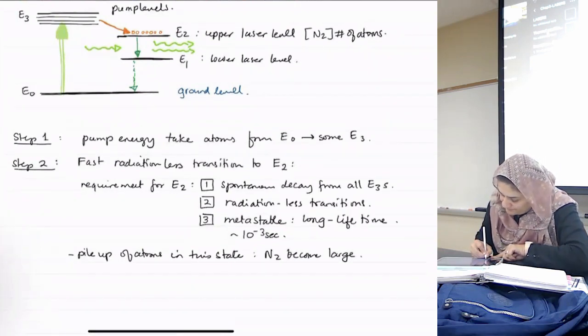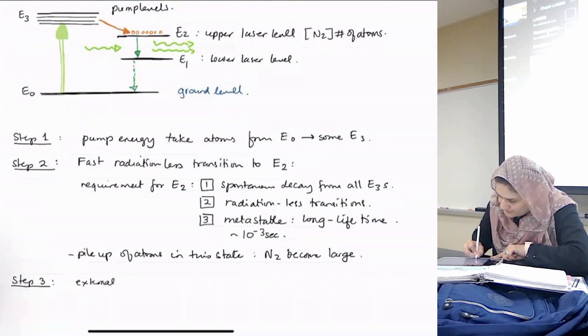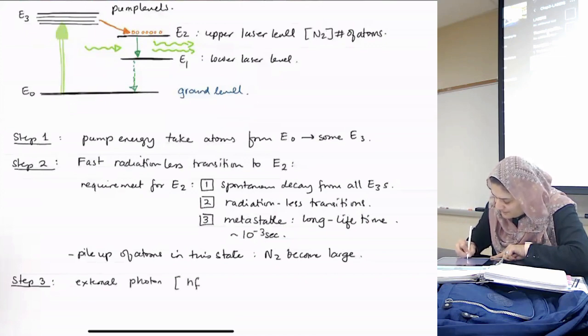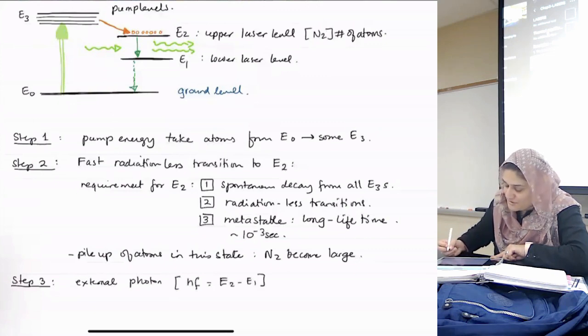Step 3. External photon with the right frequency, E2 minus E1, comes along.